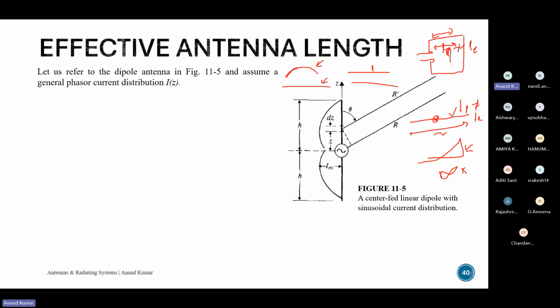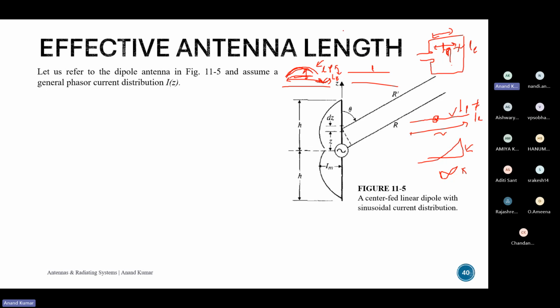Although there is a physical length, the frequency of radiation will depend upon a length which lies in between these two lengths. There is a physical length, and then there is another total length, for example lt, but the effective length you'll find out will lie in between these two.